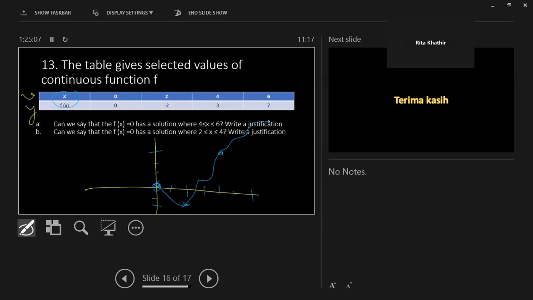Statement A: can we say that f of x equals 0 has a solution where x is bigger than or equal to 4, but smaller than or equal to 6? First one, is it possible?